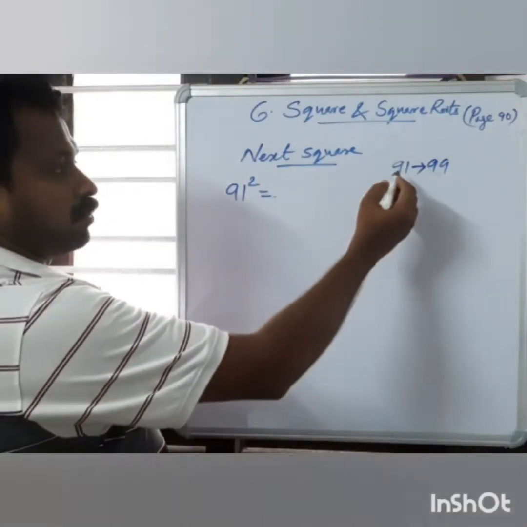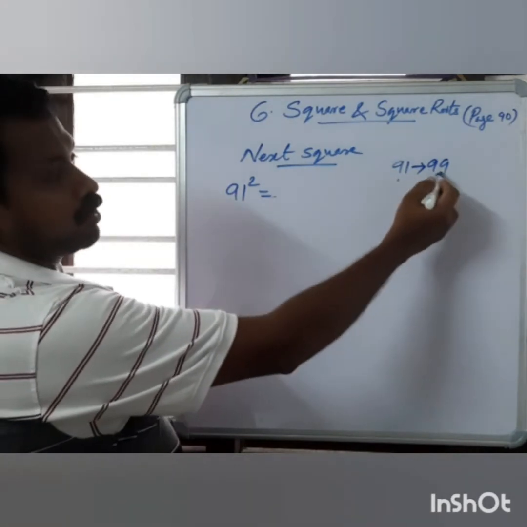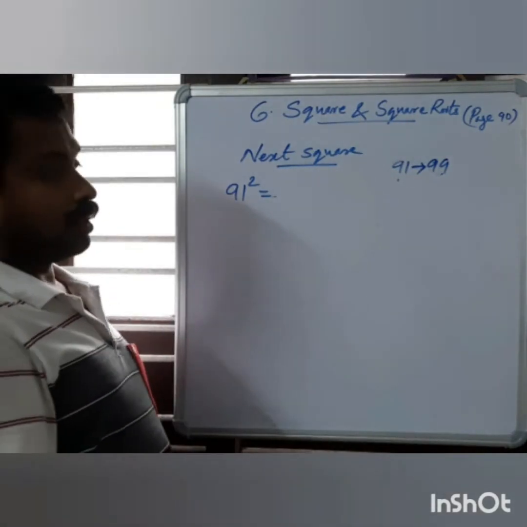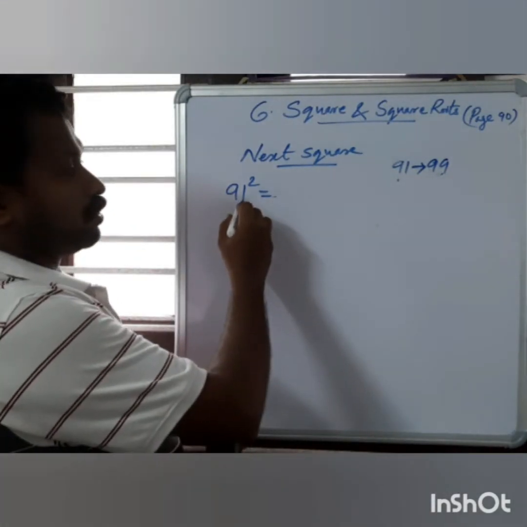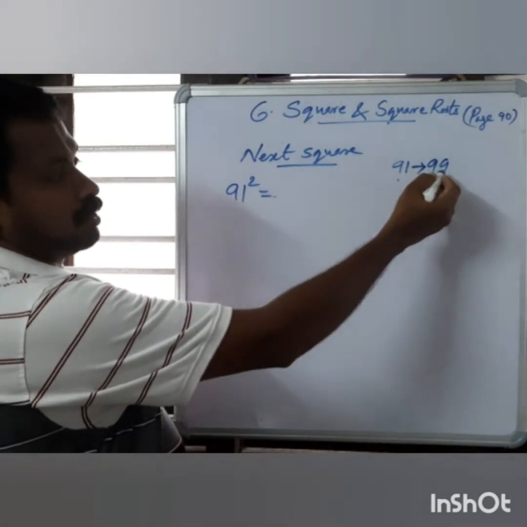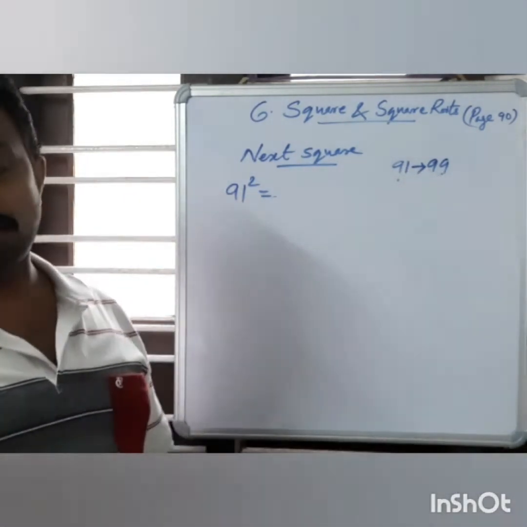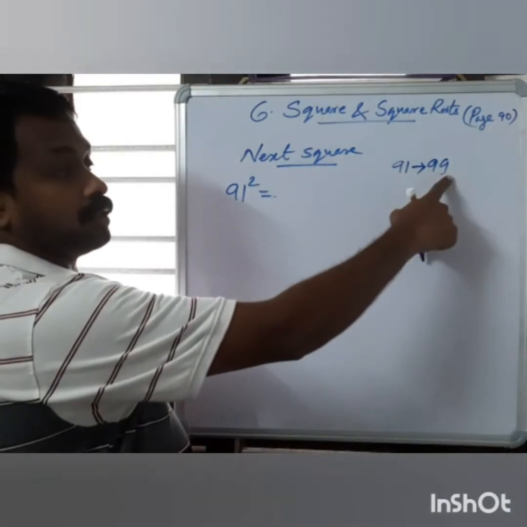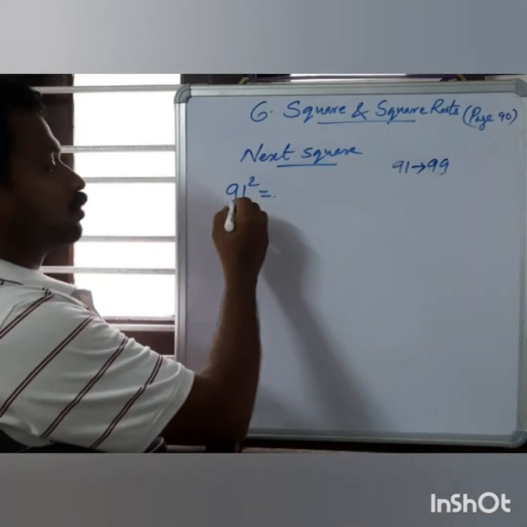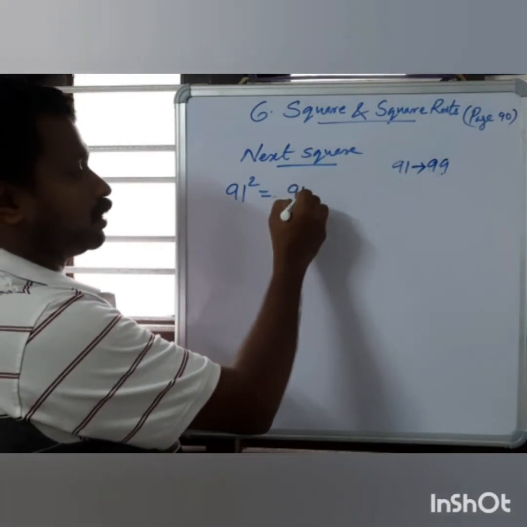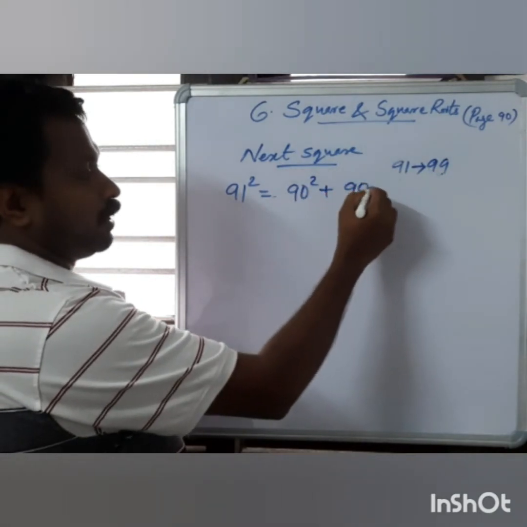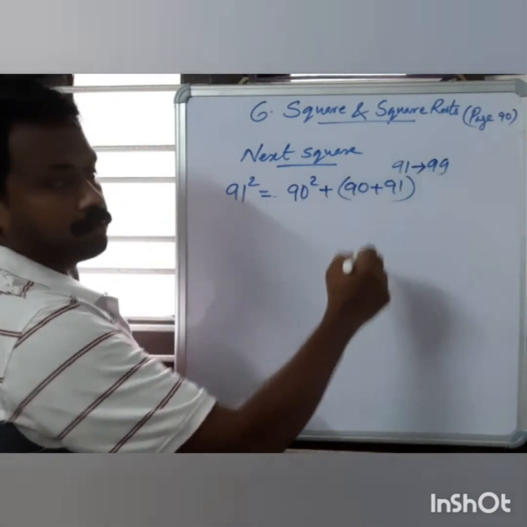Next one, find out the squares of 91 to 99. So 91 square we have to find out, till 99 square. First, 91 square we write as 90 square plus 90 plus 91.